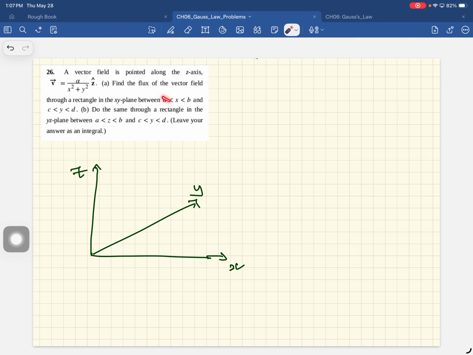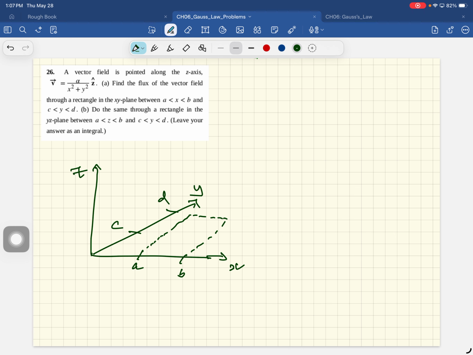So this is x cubed times y. So the flux is a to the power 4.